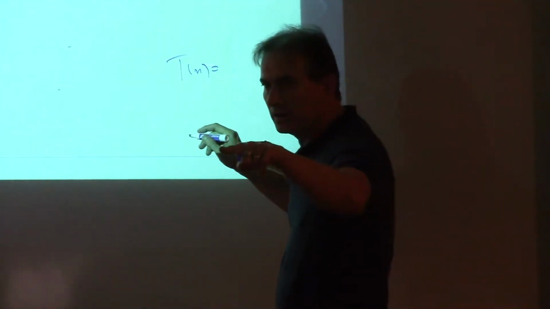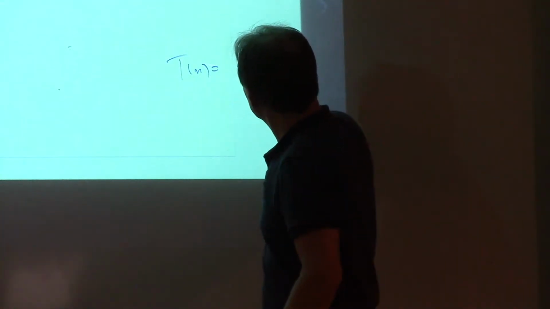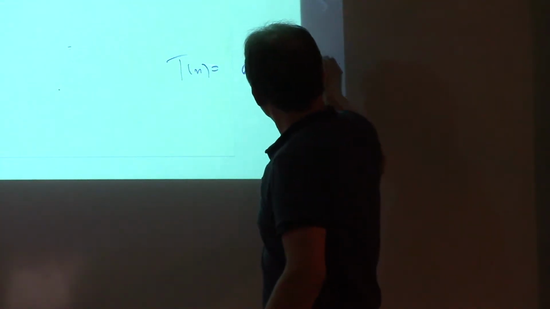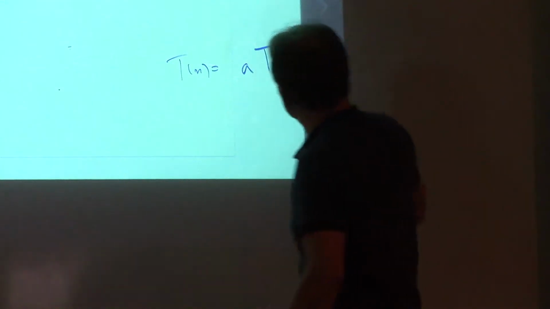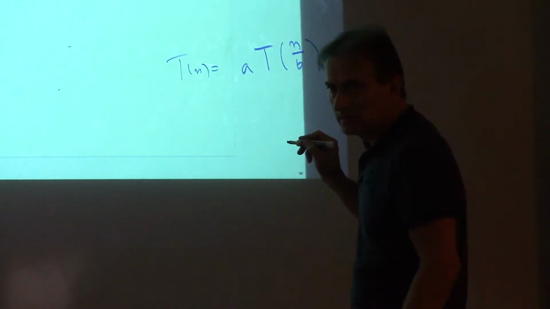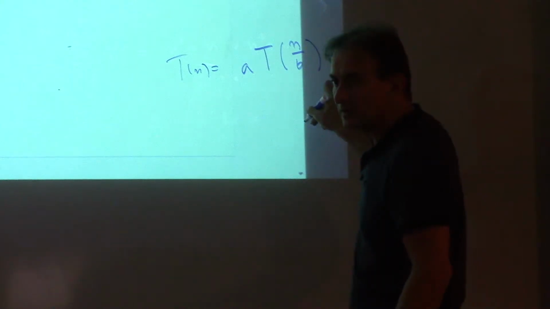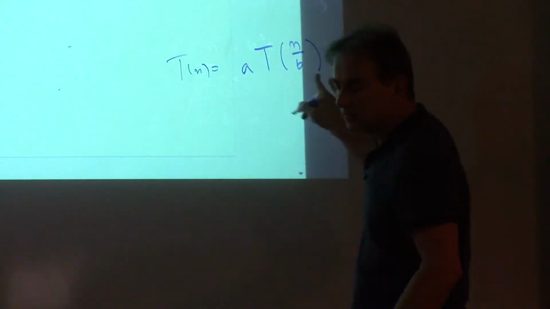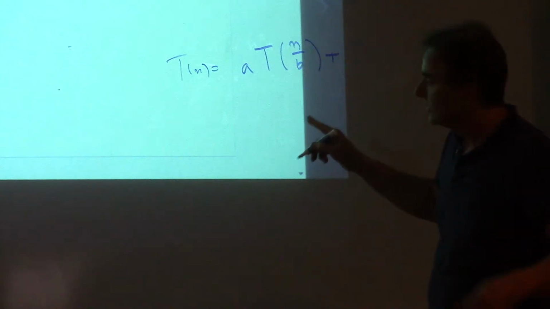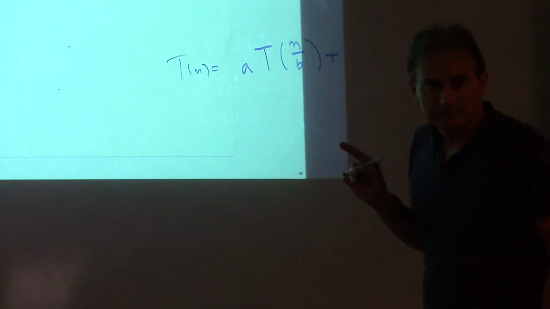So go ahead. A times T of n over b, plus n to the power k. Forget about theta. Plus f of n.